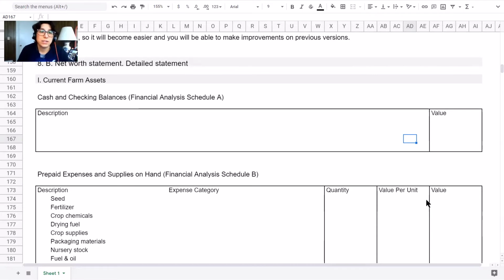So the balance sheet or net worth statement is a snapshot of the financial position of the farm business at a given point in time. Everything the business owns and owes is listed on the balance sheet. The balance sheet provides a summary of how funds have been invested in the business, which are your assets, and the financing methods or liabilities used at a given point in time.